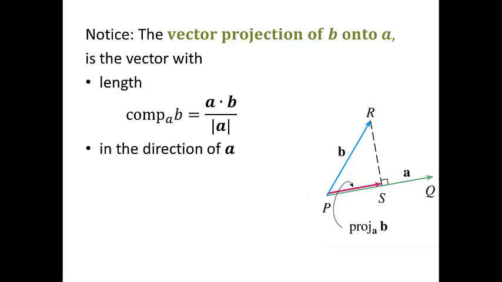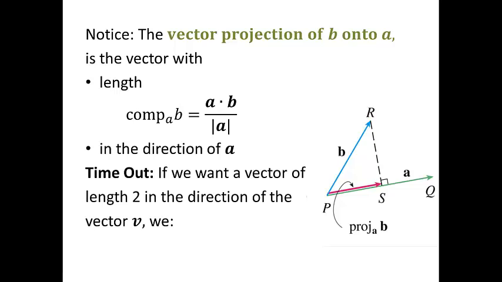To see that this tells us all we need to know, let's take a quick time out for a simple example. If we want a vector of length 2 in the direction of the vector v, we find the unit vector in the direction of v and then multiply by 2. So for the vector projection, we'll find the unit vector in the direction of A and then multiply by the length we want, the scalar projection.